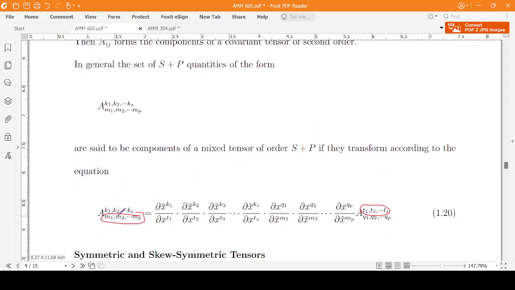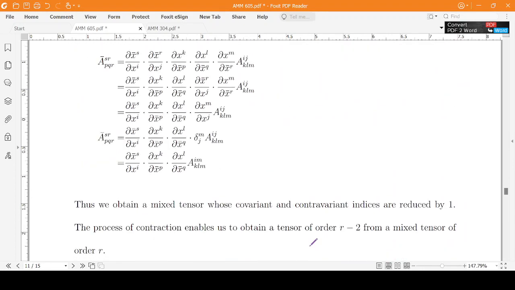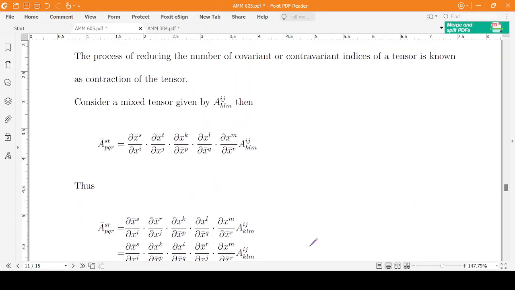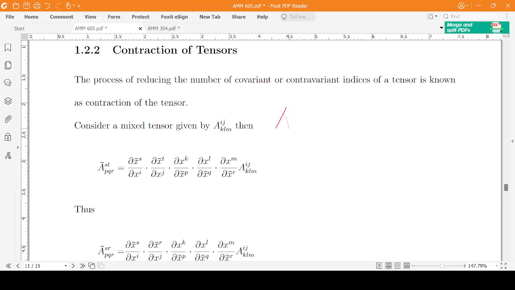you see how a tensor of order S plus P transforms. The contravariant indices K1, K2 up to Ks will appear in the top here. The covariant indices appear in the denominator, and these two just appear the other way. So when we come to this tensor A, Ij, KLM, how would it transform?